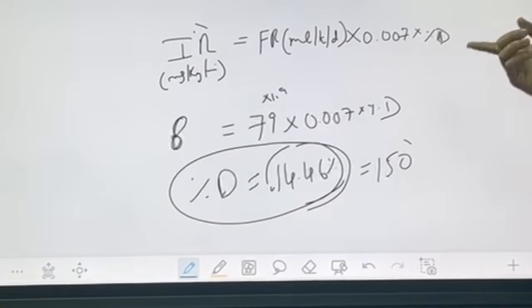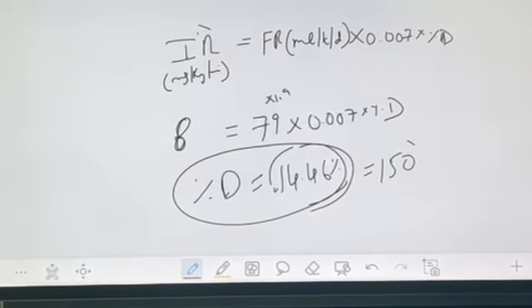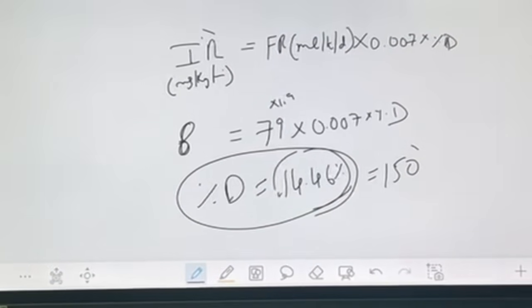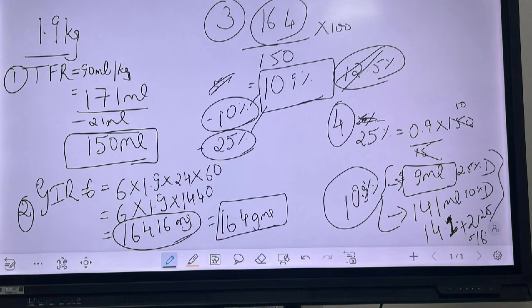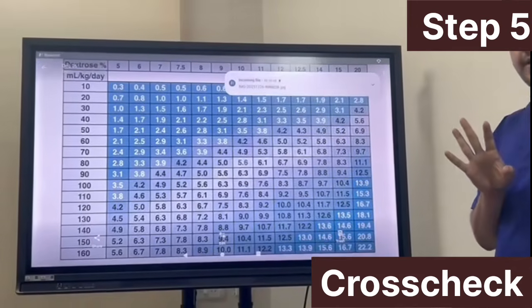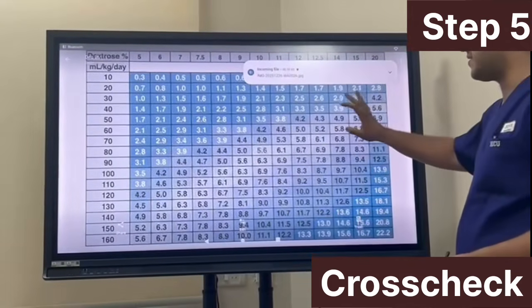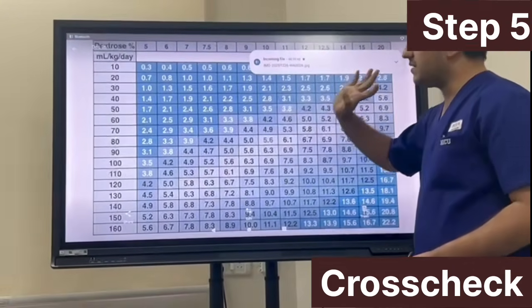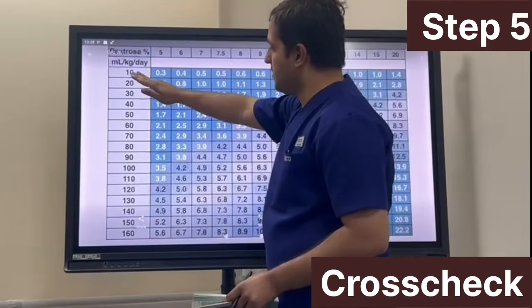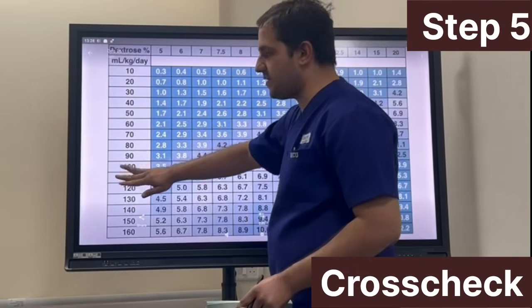ठीक है. So that is why usually prefer the first method only. There are 2 photos. Used roughly, maybe it is not 100% correct for all cases, but in this table, based on the ml per kg per day you want to give.